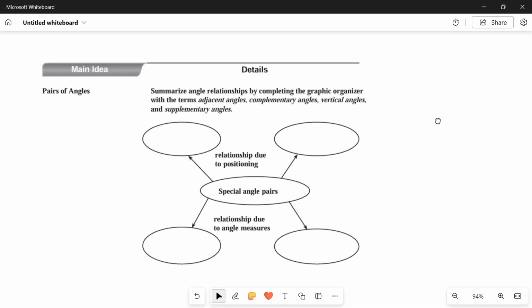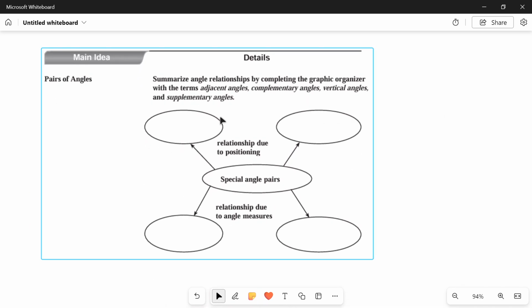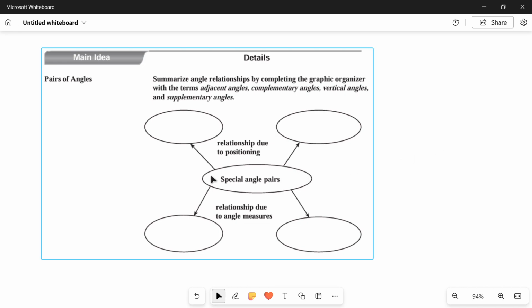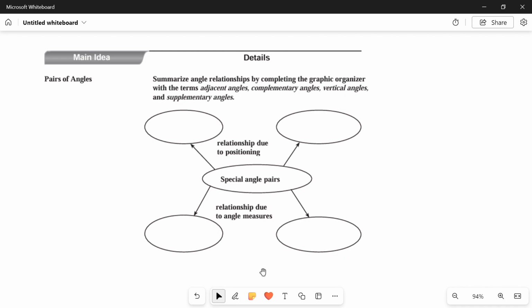Okay, now we're going to look at this and make this graphic organizer. We're going to find 4 names that we can use that are related to how the angles are positioned and also related to their measures. So here we go.